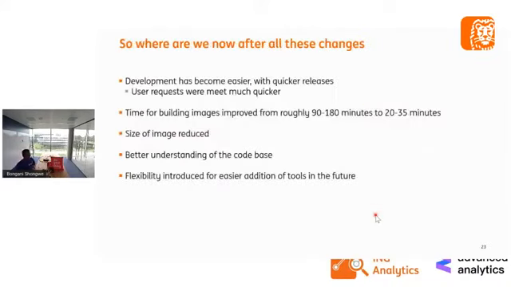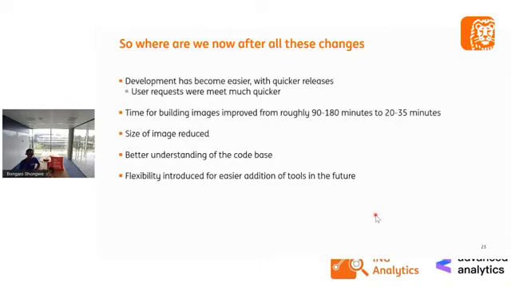Now, wrapping things up, we made things better, stronger, and faster. And where did we end up? Well, our development process has become much easier with doing our Docker builds, and we were able to make quicker releases and introduce more user features much quicker. Our time for building images improved dramatically.